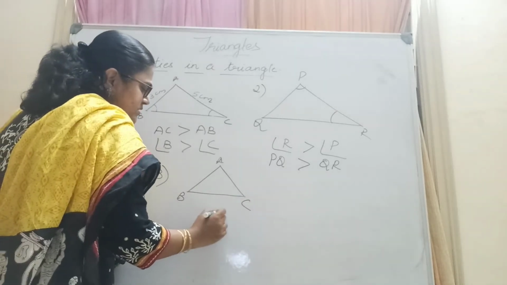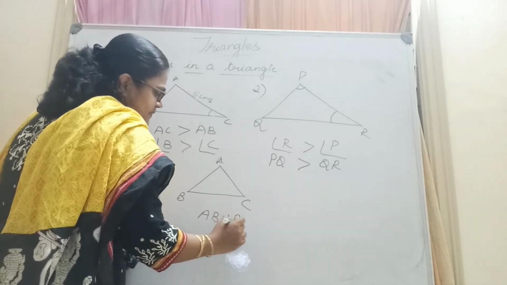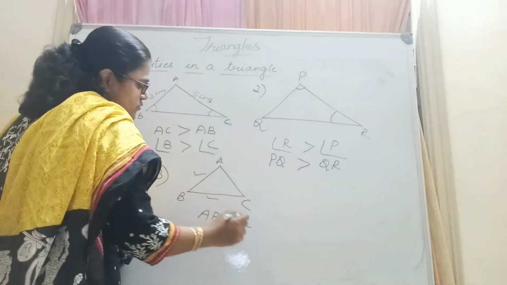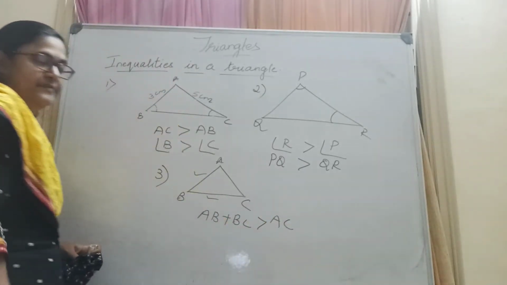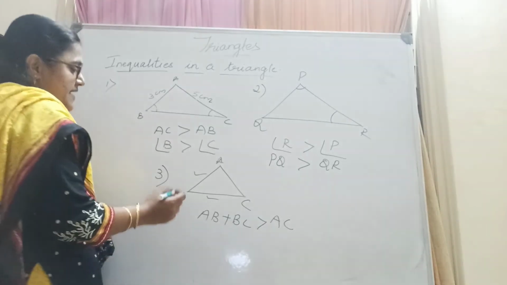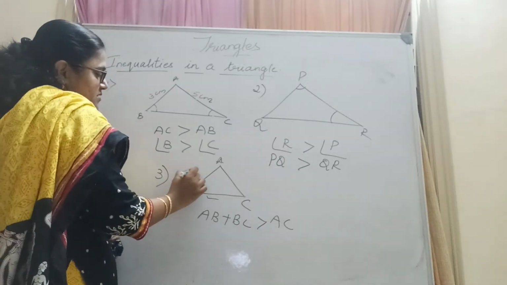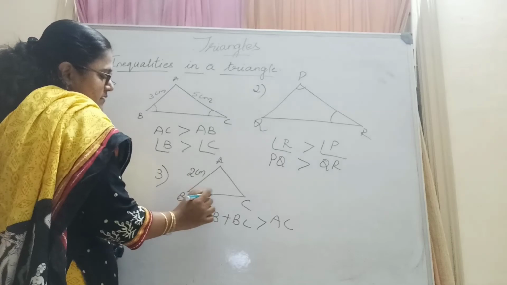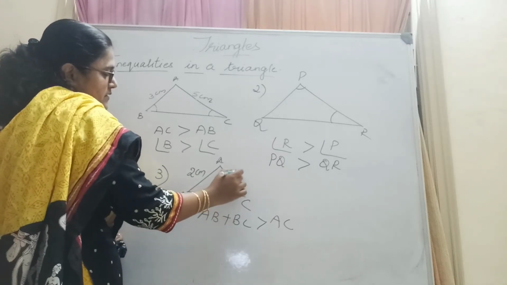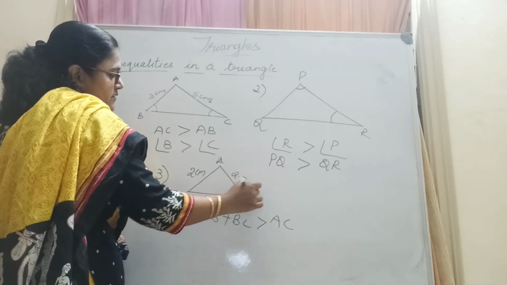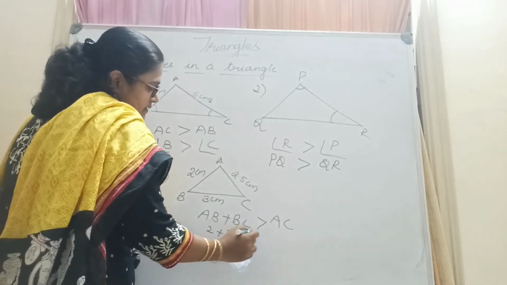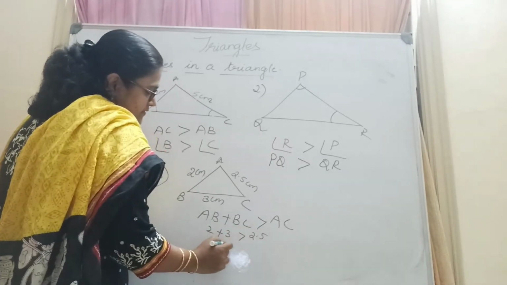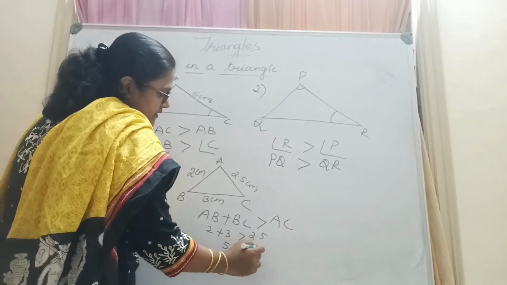The sum of any two sides, AB plus BC, if I add these two sides, will be greater than the third side. Okay. Let us take an example. Say this is 2 centimeter, this is 3 centimeter, this is 2.5 centimeter. 2 plus 3 is 5, right? 5 is greater than 2.5.